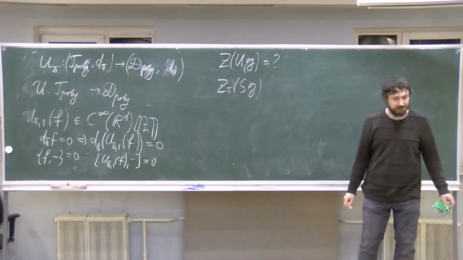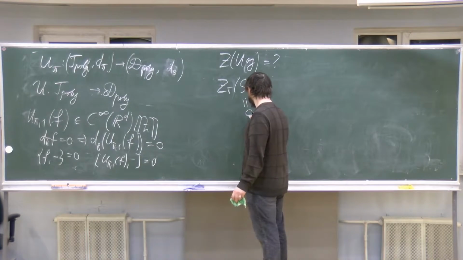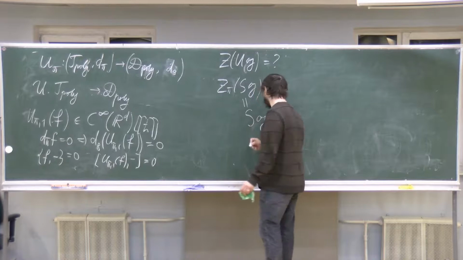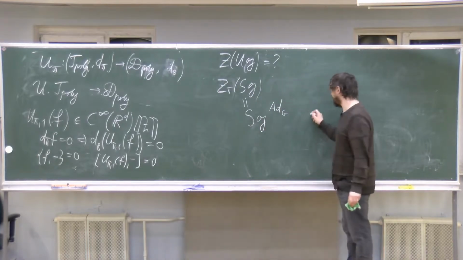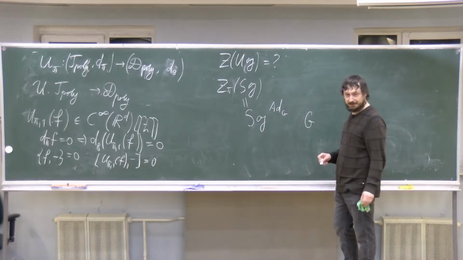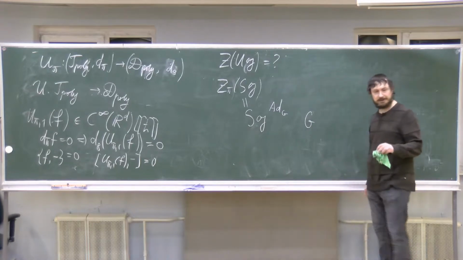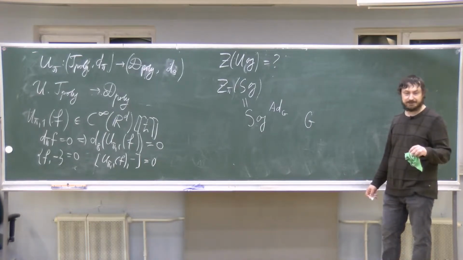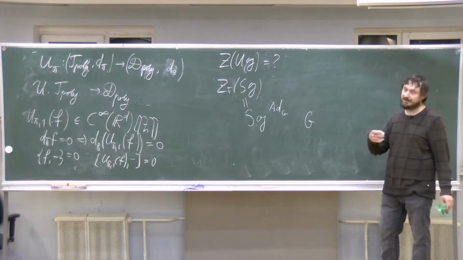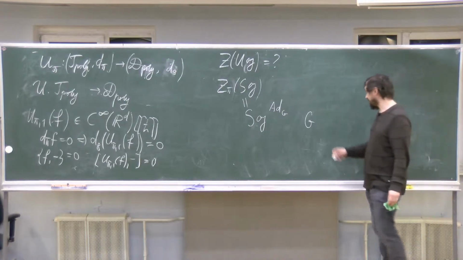It is actually not difficult to show that it is equal to the space of ad G invariant functions, where G is the connected Lie group with Lie algebra g. Suppose we work over real or complex numbers, then this is well defined. You can integrate every Lie algebra in this case to a Lie group, and then this gives you this result.